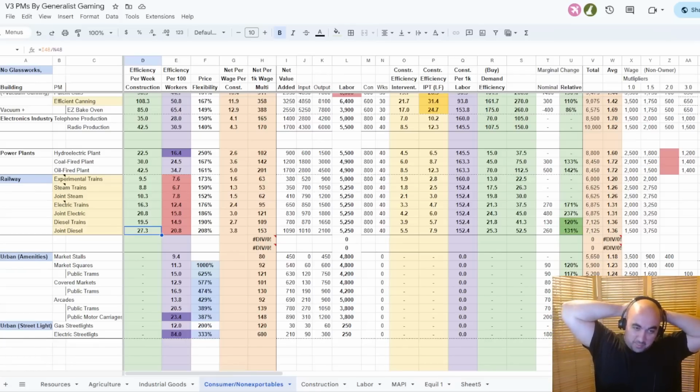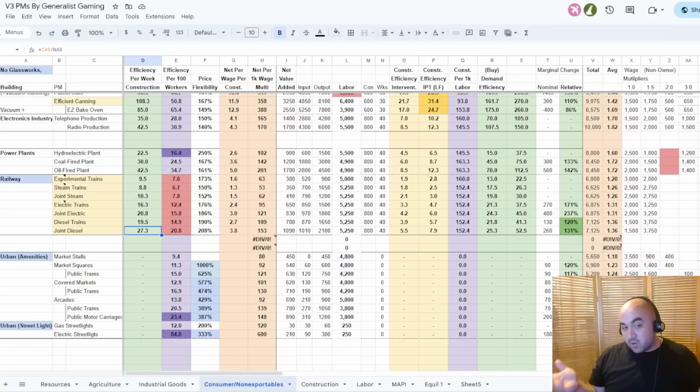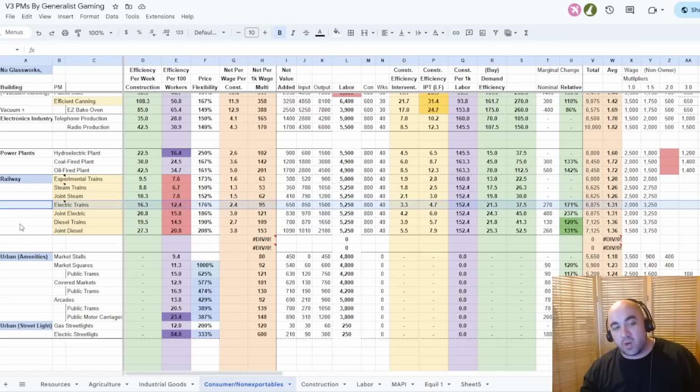If not because these PMs aren't good enough, because the PMs are quite a bit better here, but because if you already have an amount of infrastructure, upgrading these PMs is just so awkward, because then you just have way more infrastructure than you want, and then you collapse the price of the transportation, and so often it doesn't feel good when you initially do it. It would if you could simultaneously downsize them and upgrade them, this would feel so much better. But I did think that one was a little bit interesting.